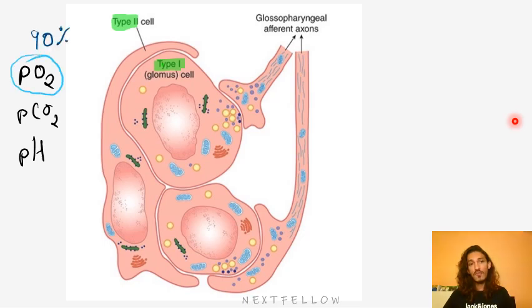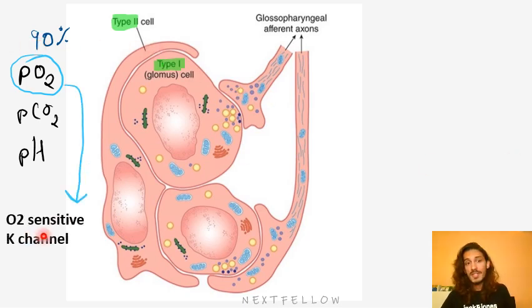So when PO2 falls less than 90% saturation, that is when your oxygen sensitive potassium channels are no longer there in the picture. Okay, so normally we have your oxygen sensitive potassium channels, and generally there is potassium efflux from the cell.